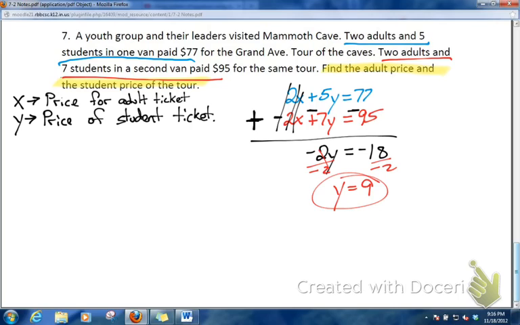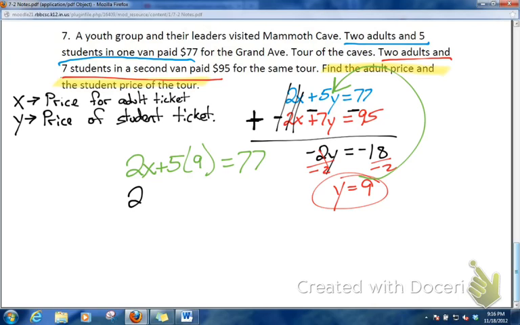Positive 9 tells you that, which one was y? That the student tickets were $9. Well, again, to finish this out, you're going to take that 9 and plug it back into one of the equations. I'm going to pick the top one again. So my top equation now reads 2x plus 5 times 9 equals 77.